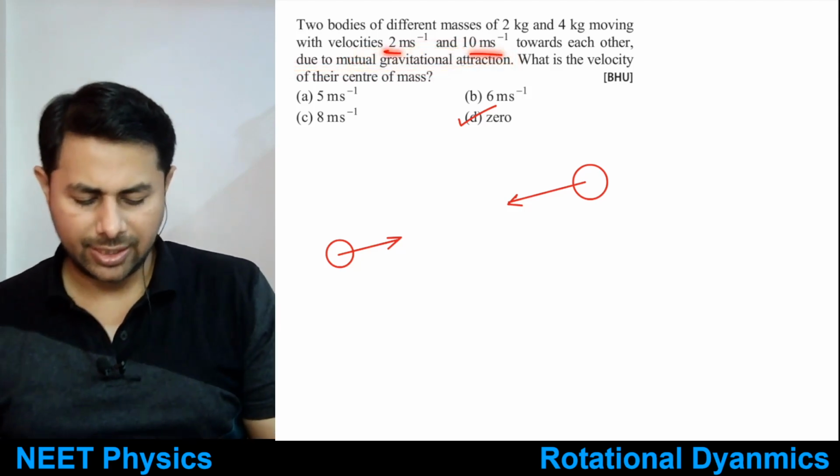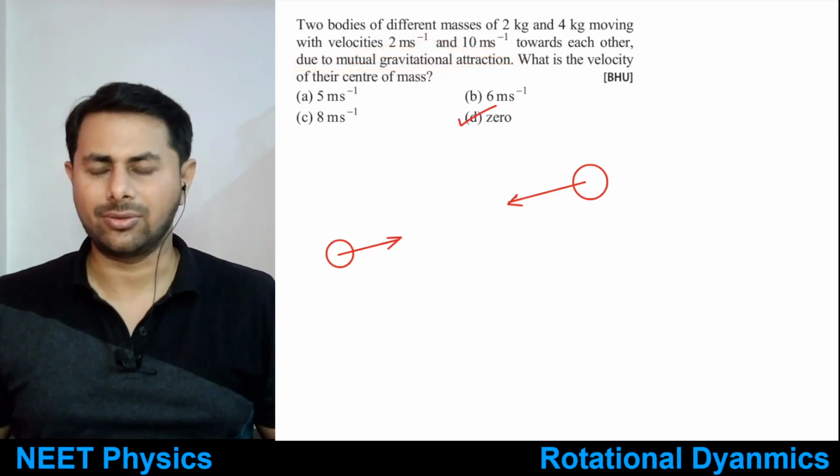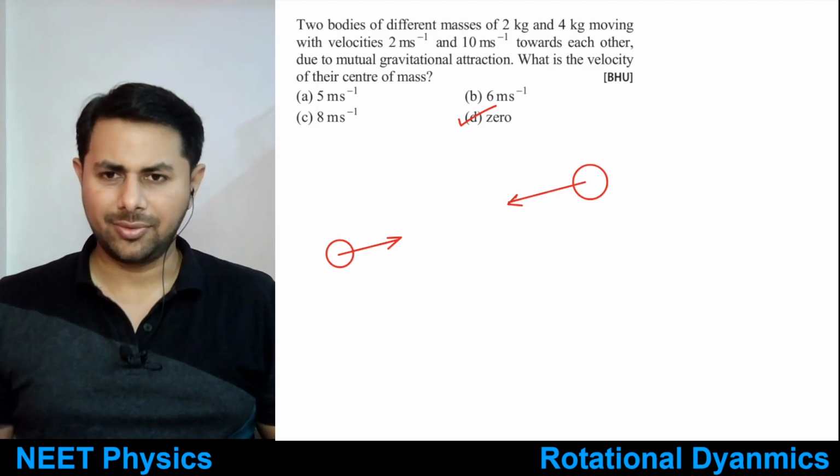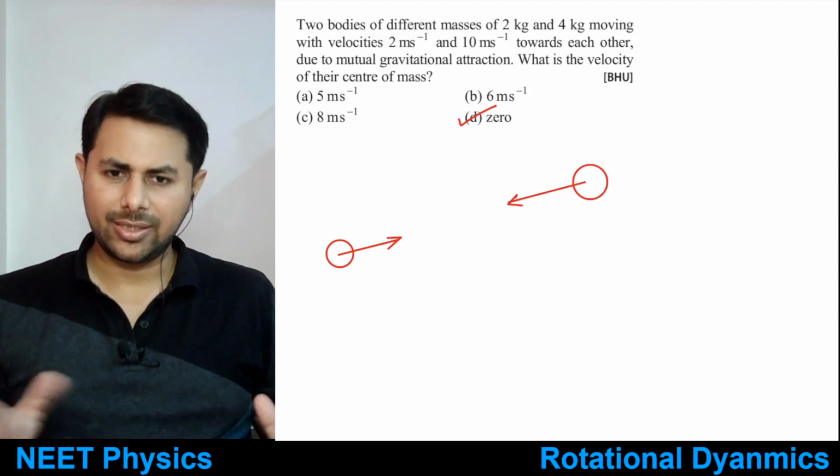So these speeds are because of mutual gravitational attraction only. Yes, no? So you will assume that they will start from rest.